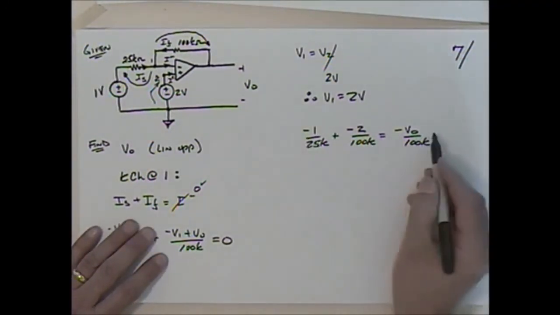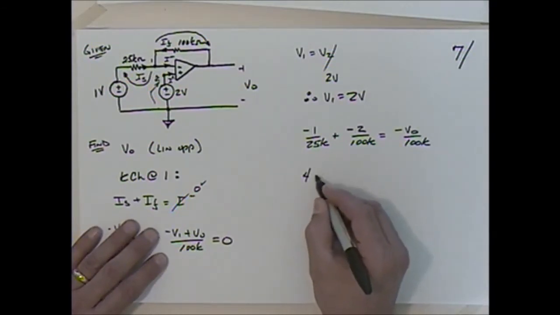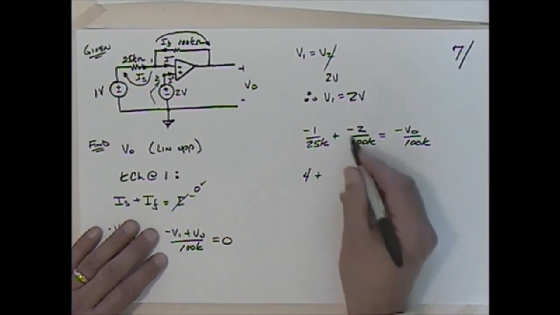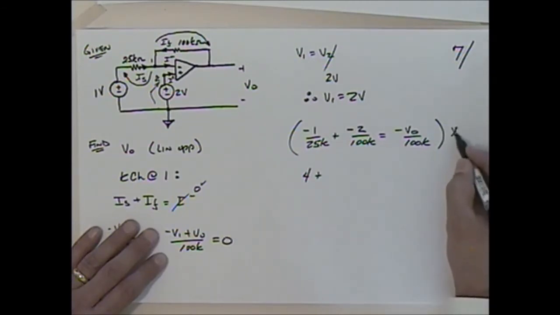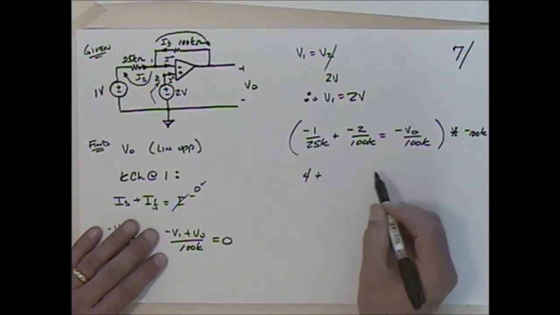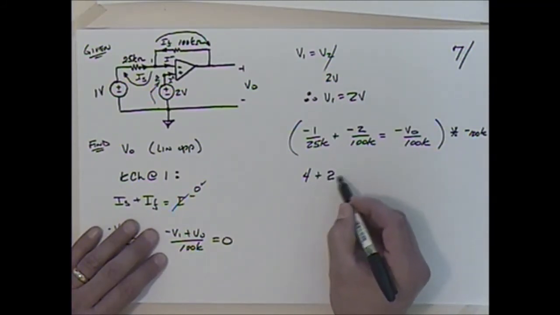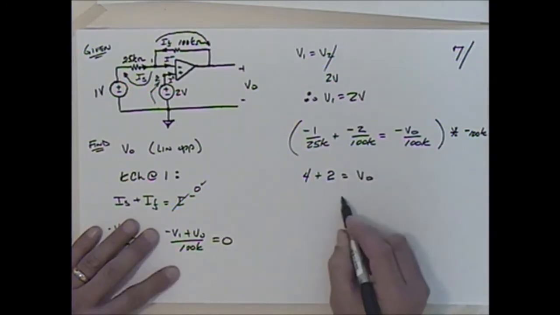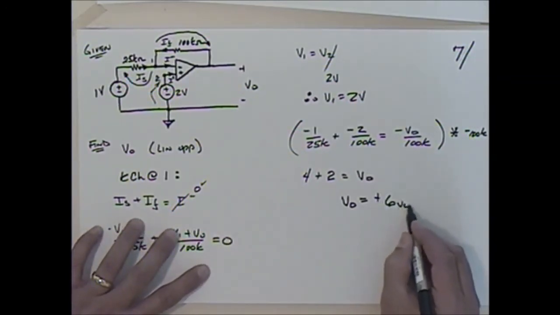Then I'll multiply by 100k, so I have 4 plus 2, right? Because I'm going to multiply this whole thing by minus 100k. So we've got 4 plus 2 is equal to V0. So V0 is equal to positive 6 volts.